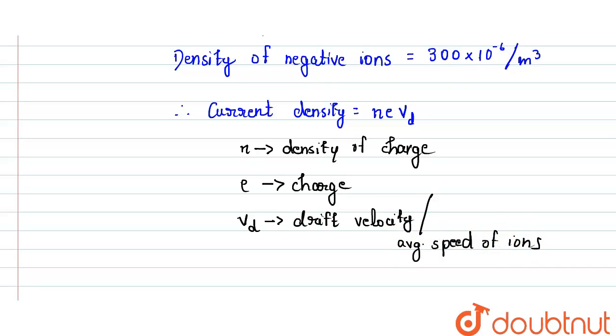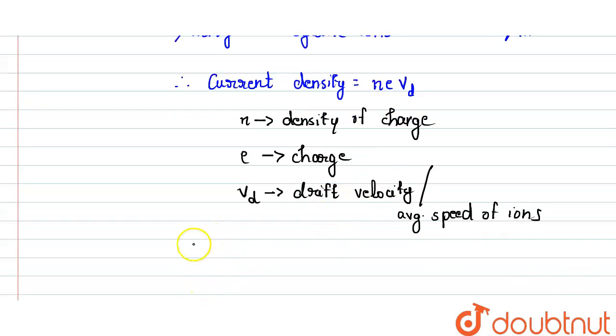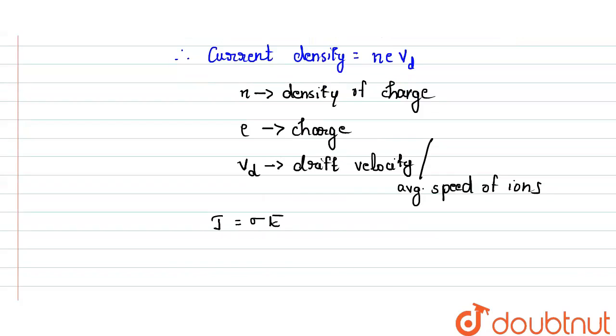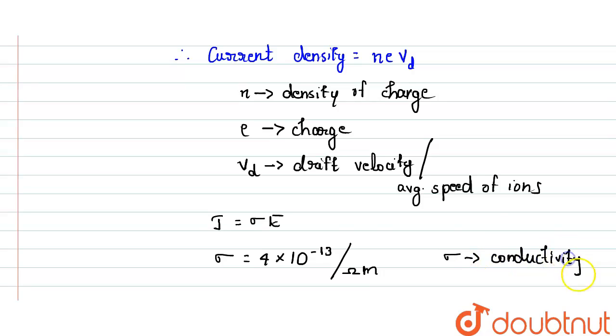We know that current density J is equal to sigma into E, and here the value of sigma is given as 4 into 10 raised to minus 13 per ohm meter, where sigma is known as the conductivity.